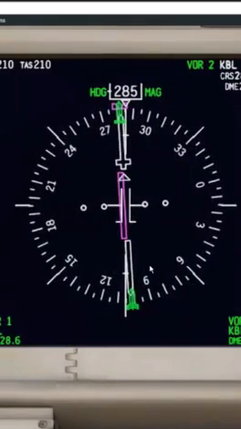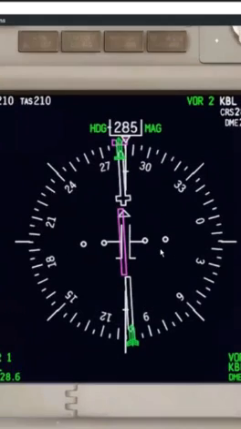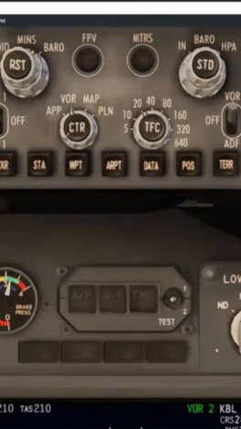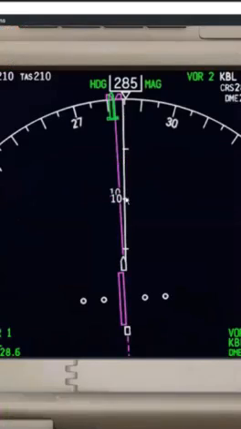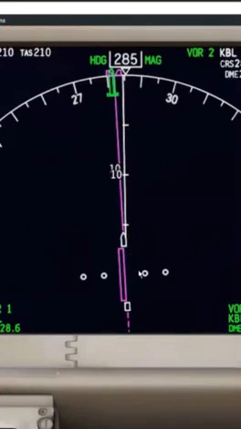Okay, we're on the radio. Now let's go up, and that's VOR center. Let's come out of the center mode and come down and look at the expanded mode. There's VOR expanded. We are on the 282 radial, or 102 radial, which is 282 inbound, and our heading is 285.